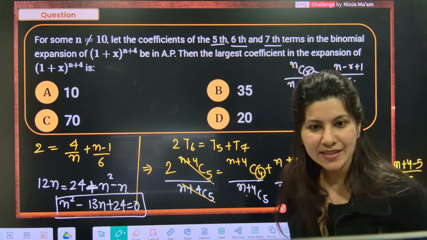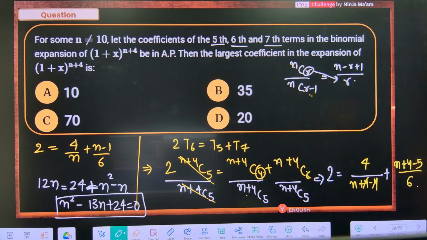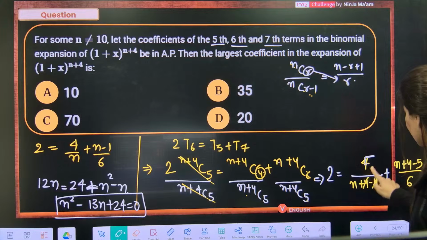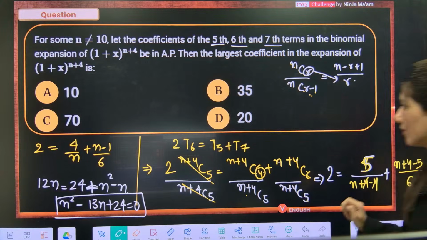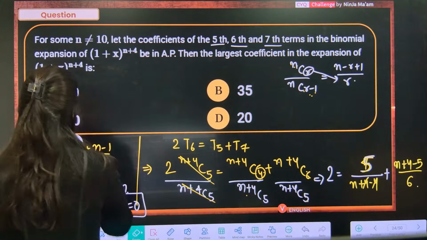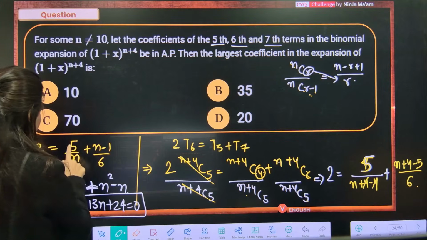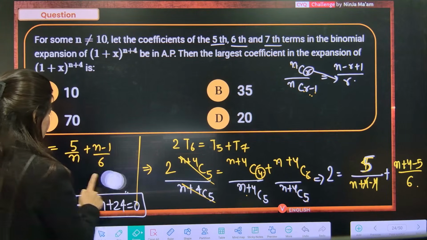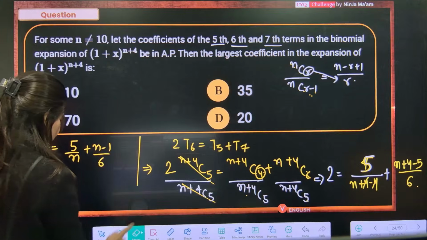Have I made any mistake? The numerator is 5. Yes, over here I think this is 5. Yes, this is 5. So this is where I made a mistake.